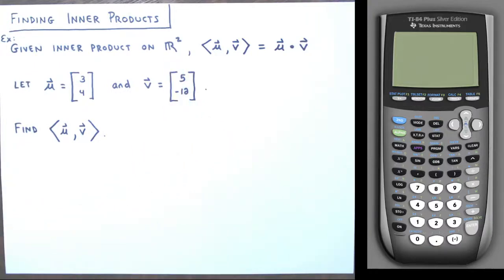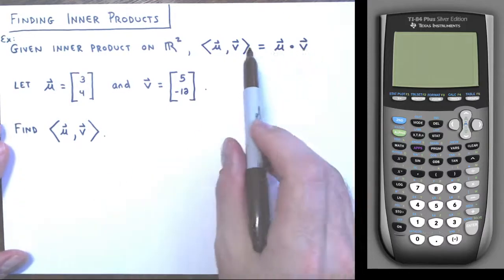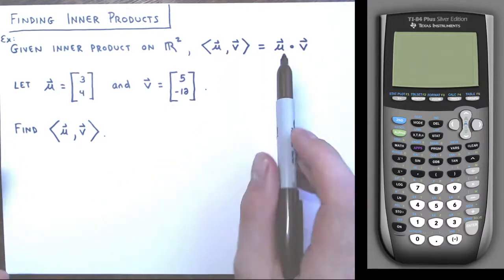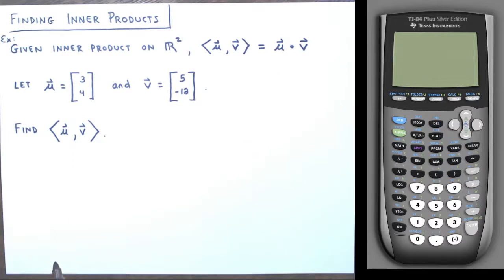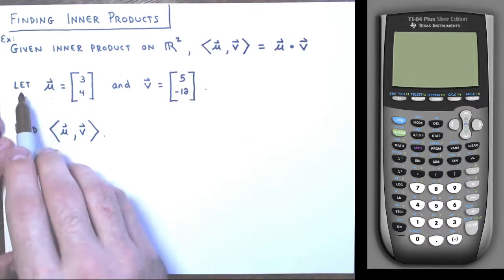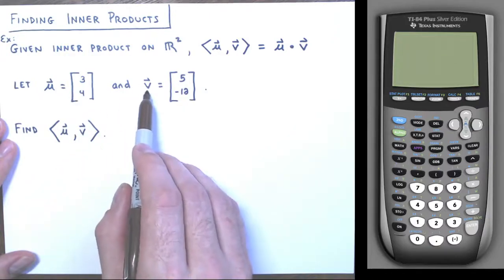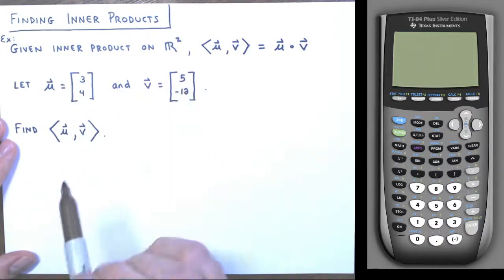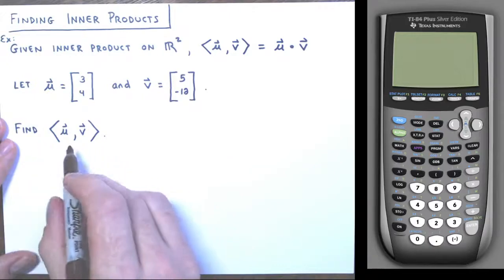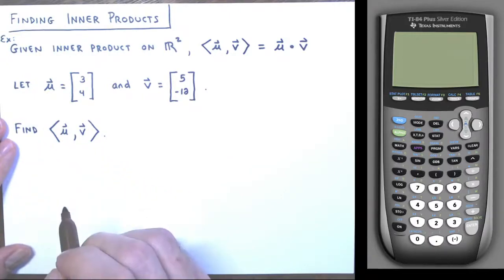Again, this is an inner product that satisfies all four of the properties mentioned. Now suppose u is the vector from R2, (3, 4). v is the vector from R2 with components 5 and negative 12. Find the inner product of u and v.